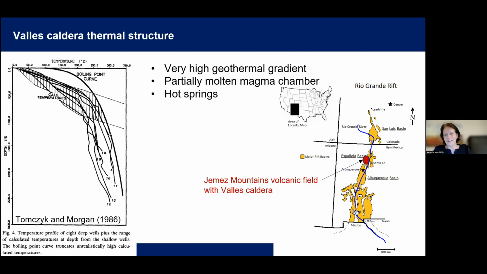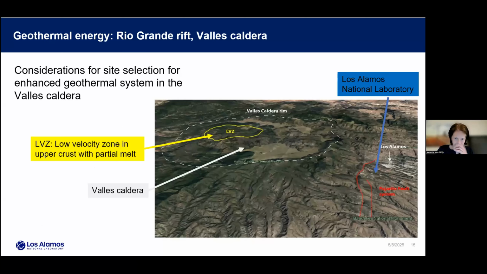We often sketch the rift zone towards the east of this Jemez Mountains volcanic field, but there are actually strong indications that the rift basins extend to below the volcanic field, and they've just been overprinted with this volcano in more recent times. So there are rift-related normal faults below the Valles Caldera.